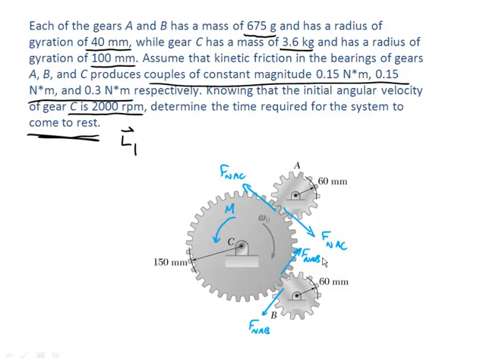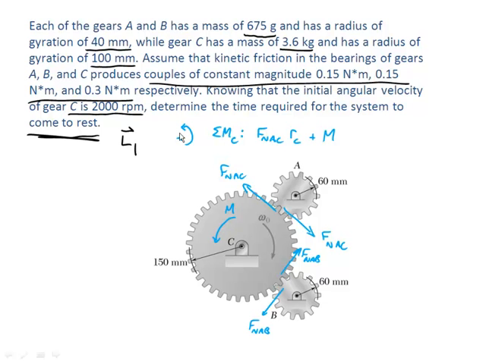So what that means then is that the net moment acting on gear C, so the sum of the moments acting on gear C, will be FNAC, and that's going to be in the counterclockwise direction, times the radius of C, plus M, both of those being in the counterclockwise direction. And since they're in the counterclockwise direction, that's going to be positive.